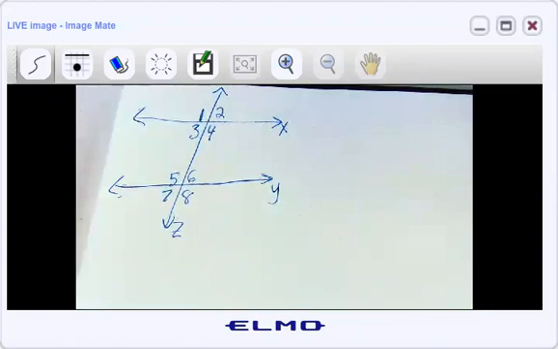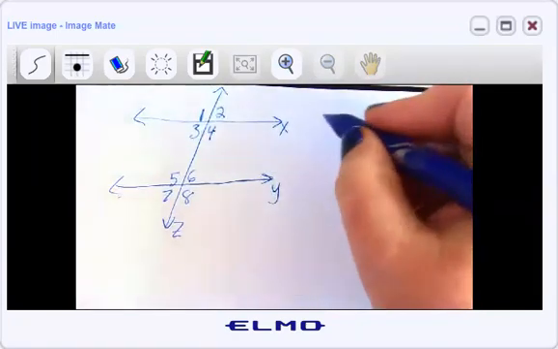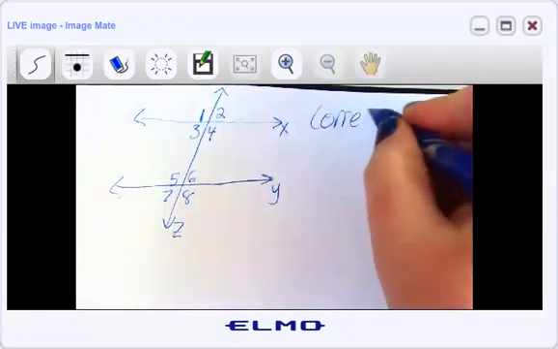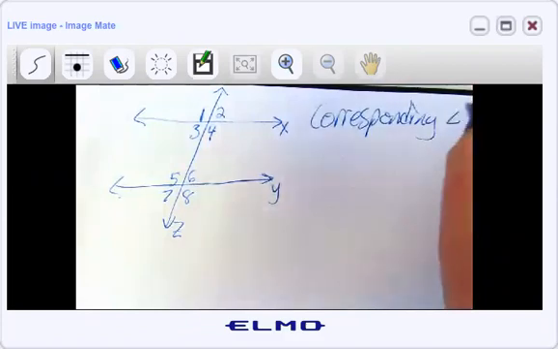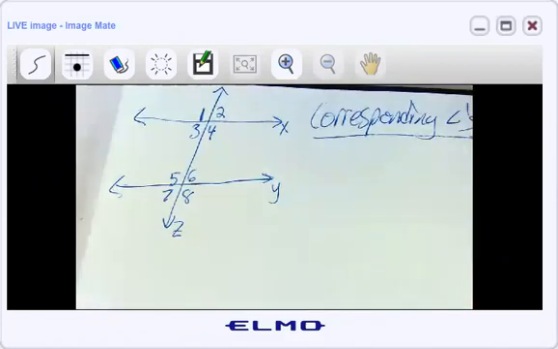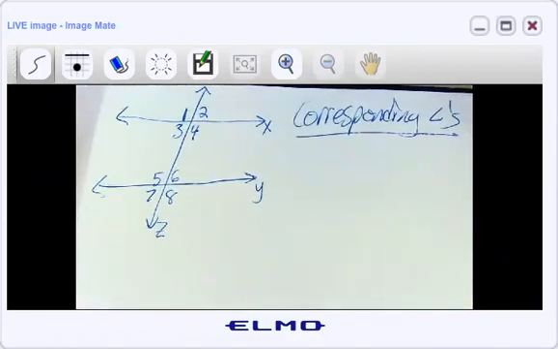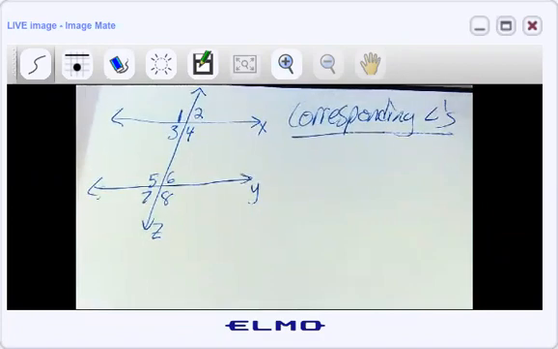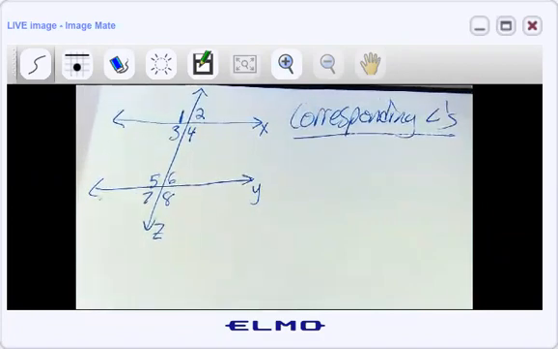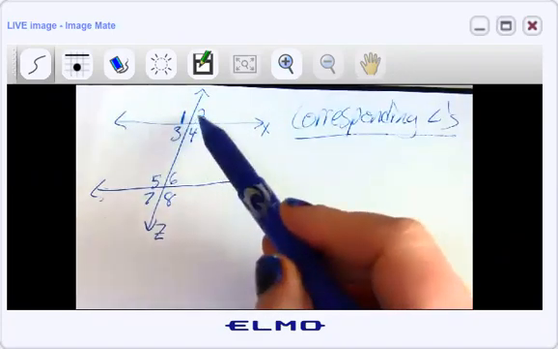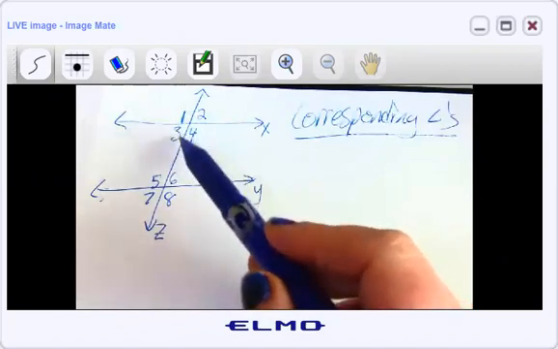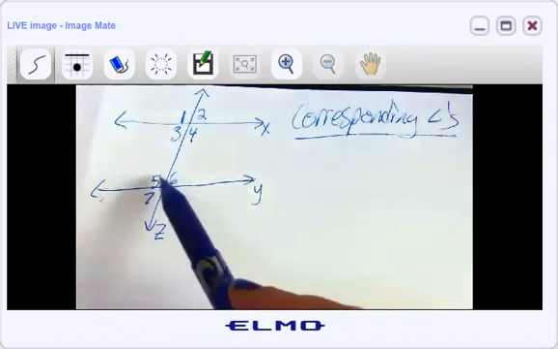All right, so now let's talk about what corresponding even is. This is going to sound a little weird, but I think once you visualize this, it makes sense to talk about it this way. See how there's 2 kind of groups of angles? I have these 1 through 4 up here, and then 5 through 8 down here.